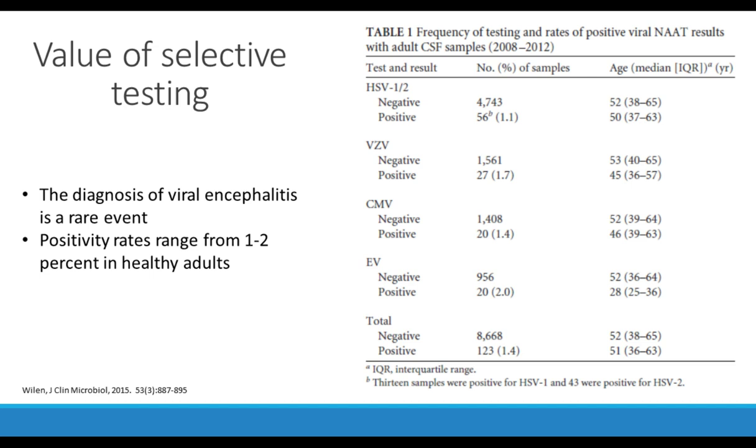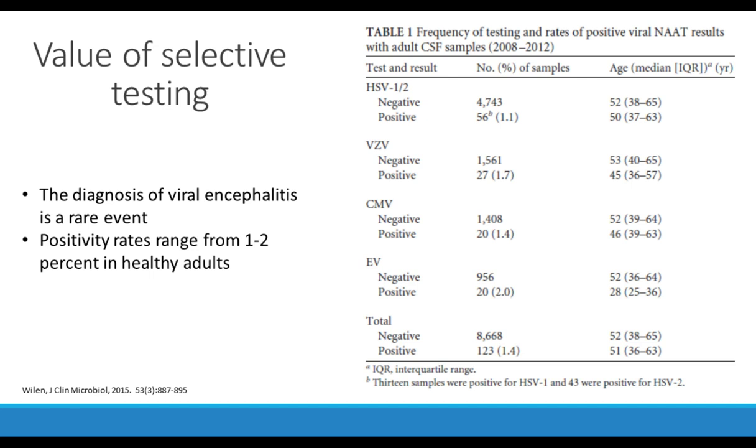The idea of selective testing and the value of selective testing goes back a little further to a study out of WashU from 2015 that looked at the overall prevalence of viruses in their institution. In total, they looked between 2008 and 2012, and they found somewhere between 1% and 2% of their virus testing in the CSF was positive.